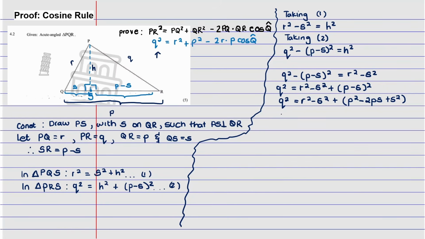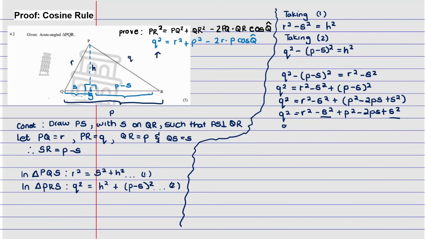Distribute the plus sign. So Q squared is equal to R squared minus S squared, plus P squared, minus 2PS, plus S squared, right? Do you see that this one and this one are going to cancel each other?